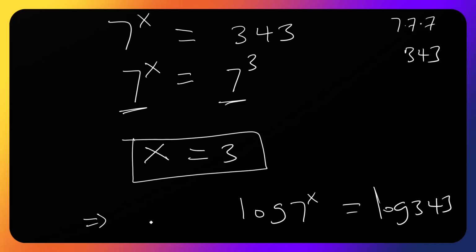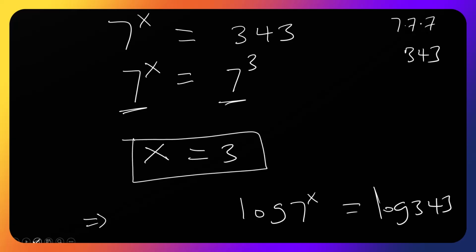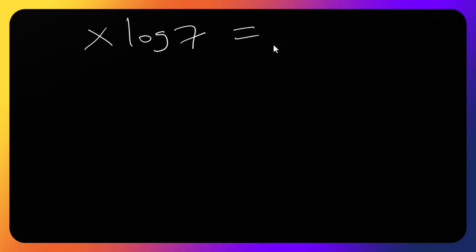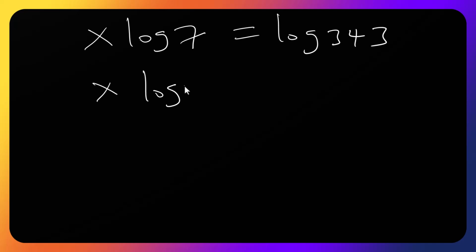So from here x log 7 is the same as log 343. So x log 7 equals, so we can write this one as log 7 to the power 3, since 7 to the power 3 is the same as 343.